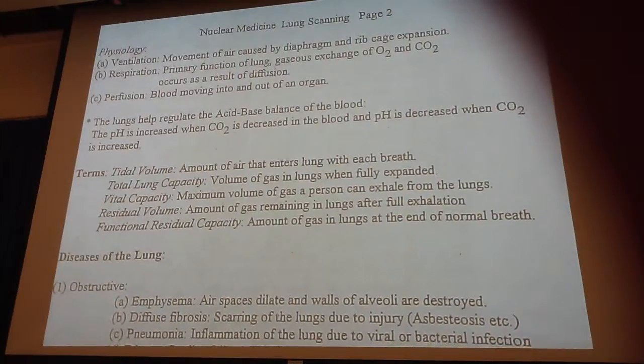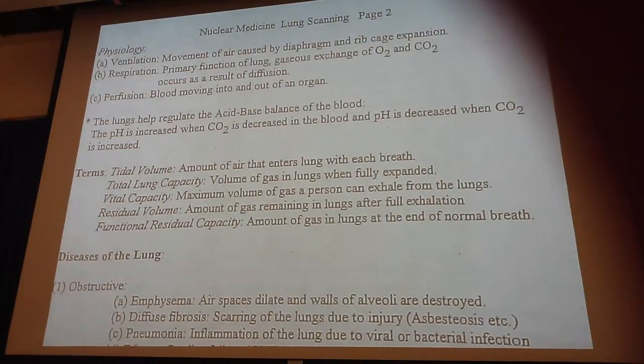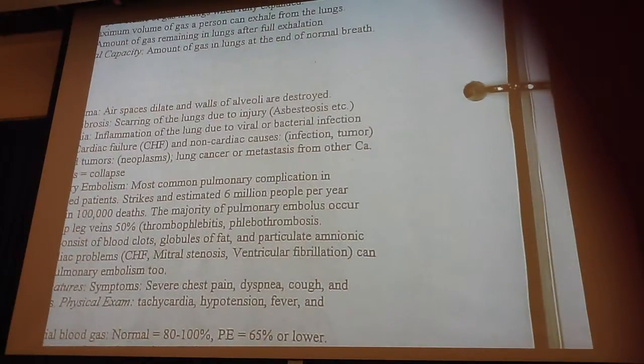Okay, we're mainly looking for pulmonary embolus. Well, there's a few things. We're also looking for chronic obstructive pulmonary disease, because a lot of times with those types of people, we have to remove a lung. I don't know if any of you have done quantitative lung scanning.